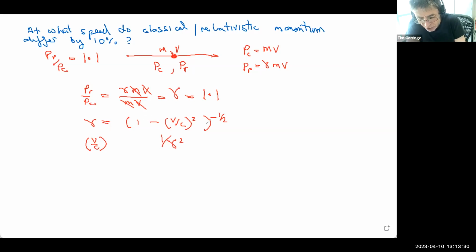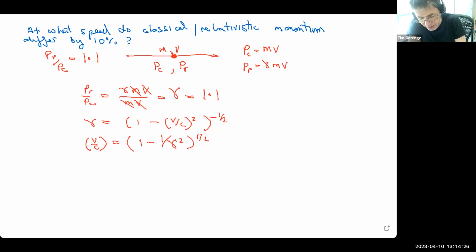I then move terms from the left to right. When I do that, I would get that (v over c) squared is going to be 1 minus 1 over gamma squared. And if I take the square root of that, I'm going to get a 1/2 factor as the power on the right-hand side. And so I obtain the result that v over c is equal to the square root of this quantity in parentheses involving the gamma factor.